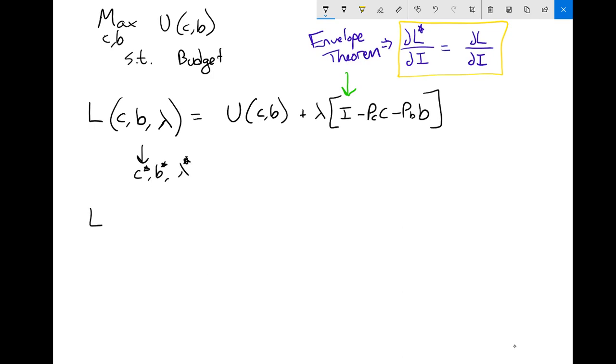Then let's plug those in. It's also a function of I. Now I want to know the derivative of this with respect to I. This is the star, this is the optimal. I look at this and I say, man, this is really complicated because C is a function of I, B is a function of I, lambda is a function of I, and the L function itself is a function of I. So it looks like a very overwhelming derivative.